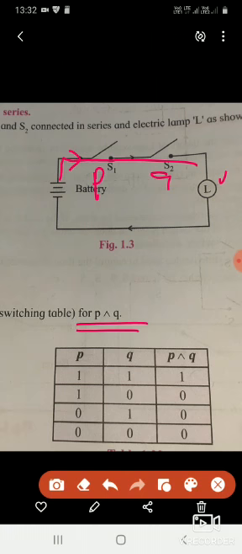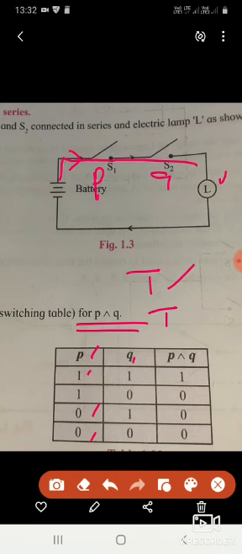Therefore the symbolic form is P and Q. After writing the symbolic form, you can write the input output table, otherwise called the switching table. Now for P, Q, we write the truth table, true, false. Instead of true you write 1, instead of false you write 0. The same table pattern you are going to write for the series connection.